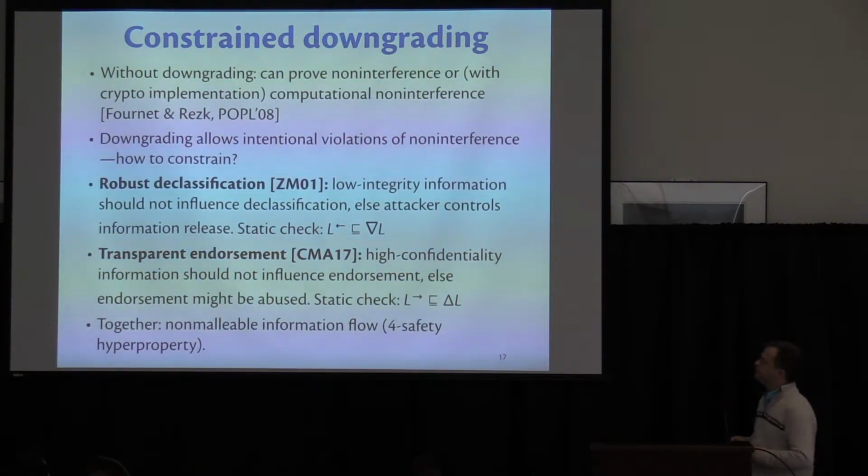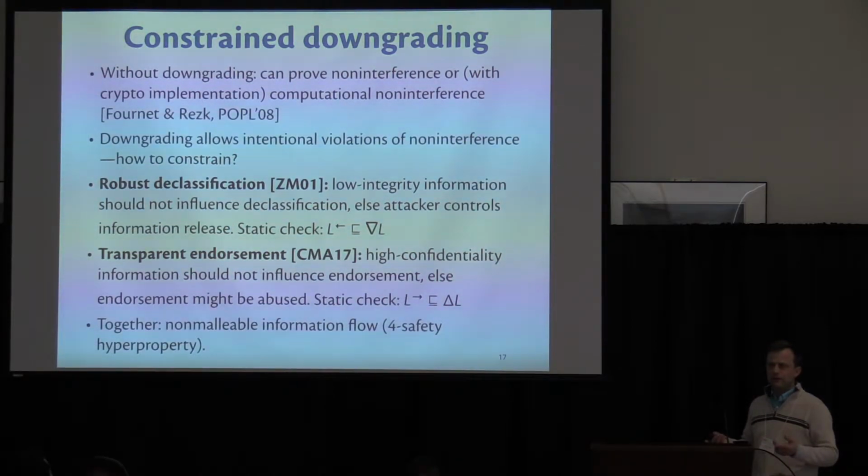Okay. All right. So one other thing I wanted to mention is that downgrading itself is, of course, a bit problematic. And if you're not careful with unconstrained downgrading, you can get yourself into a lot of trouble. So there are some additional checks, which I don't have time to go into detail about, that make sure that you don't use downgrading in a way that opens you up to vulnerabilities. So for example, we have a property we call robust declassification, which says if you're declassifying information, then you don't want the adversary to have control over that declassification.